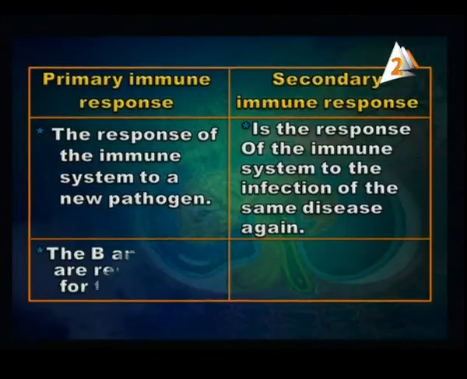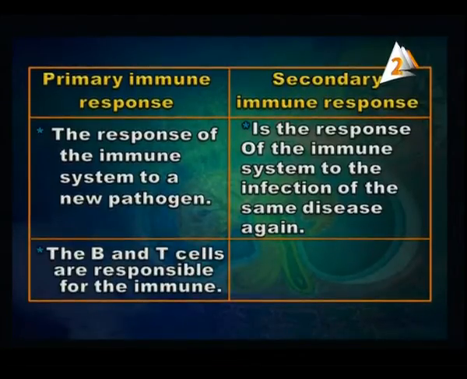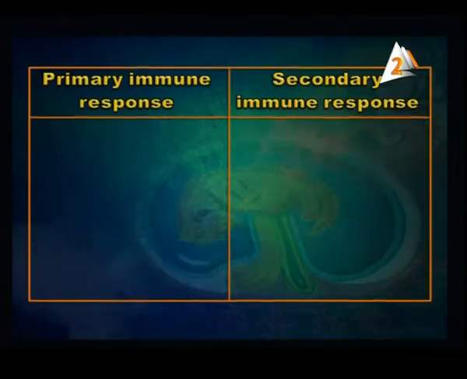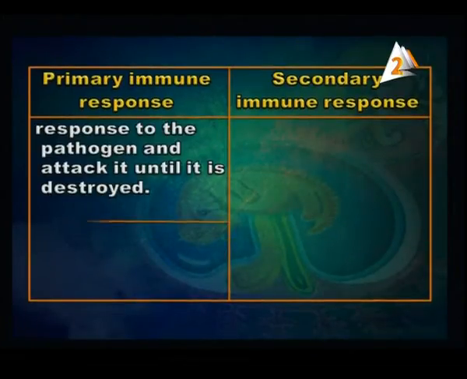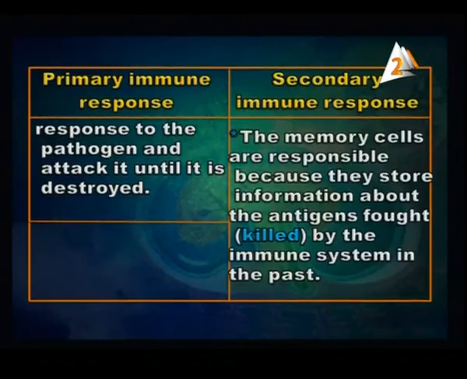In the primary, the B and T cells are responsible for the immune response to the pathogen and attack it until it is destroyed, while the memory cells are responsible for the secondary immune response because they store information about the antigen killed by the immune system in the past.